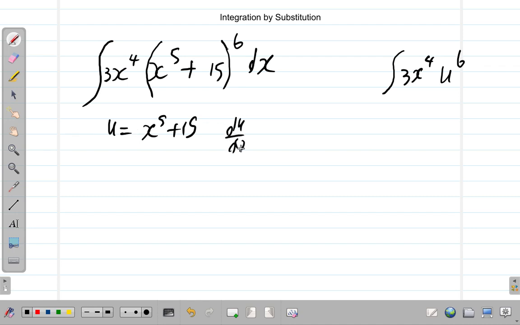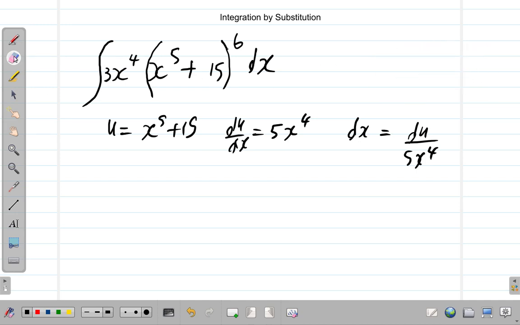Du by dx would be just 5x to the 4th. So that dx now would be du over 5x to the 4th. Look at this. When we put this there for dx, we're going to have this x to the 4th be cancelled by this x to the 4th. So we're on our way now. Good. We're on our way.